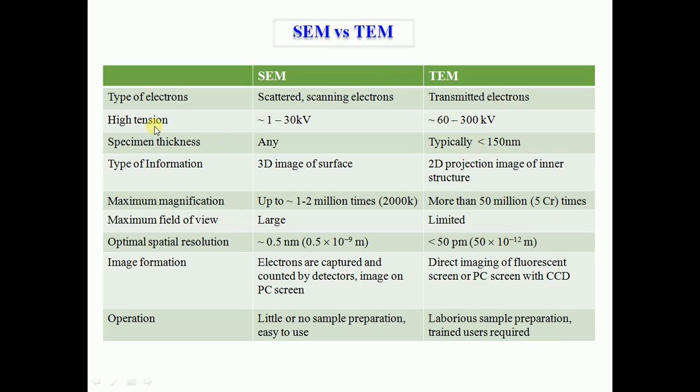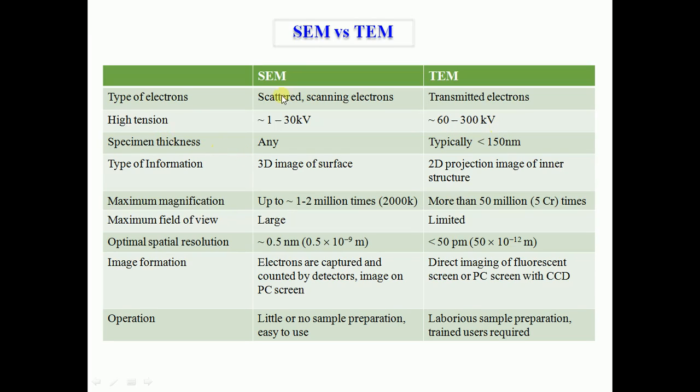The electrons are accelerated up to say 30 keV or 50 keV or so in case of SEM, while in case of TEM, you can go up to few thousand keV. I'm going to tell you different types of TEM soon. But typically in general purpose TEM, the acceleration voltage is of the order of 300 kV.